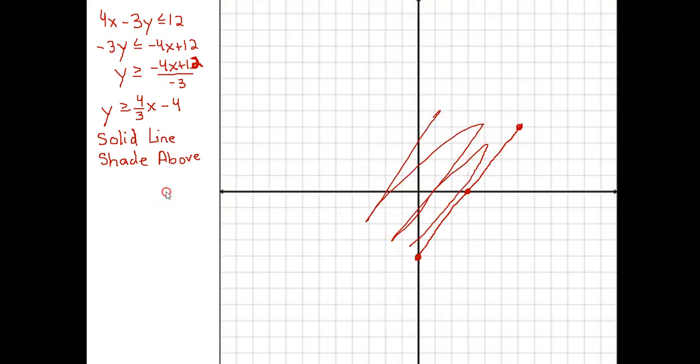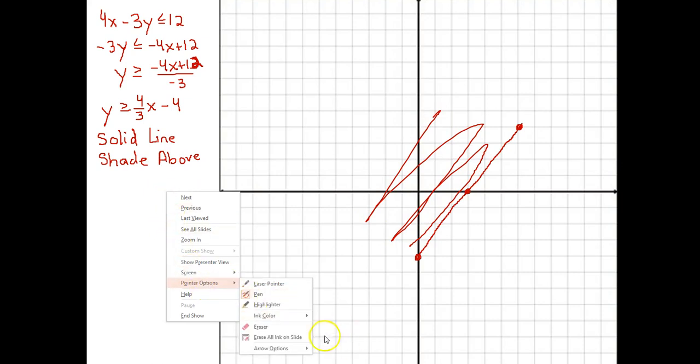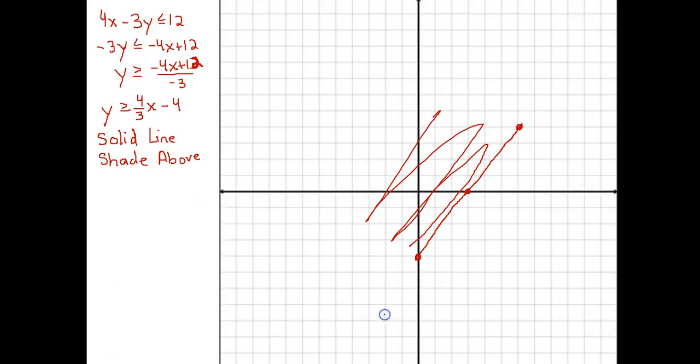Okay, let me switch colors, get the other one. I don't want to use blue this time. Y is less than or equal to x squared. Dealing with a parabola. And we're doing solid. And then this one you're going to shade below.